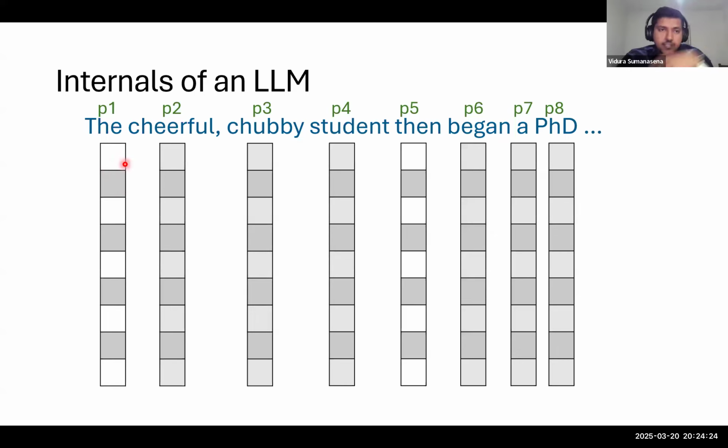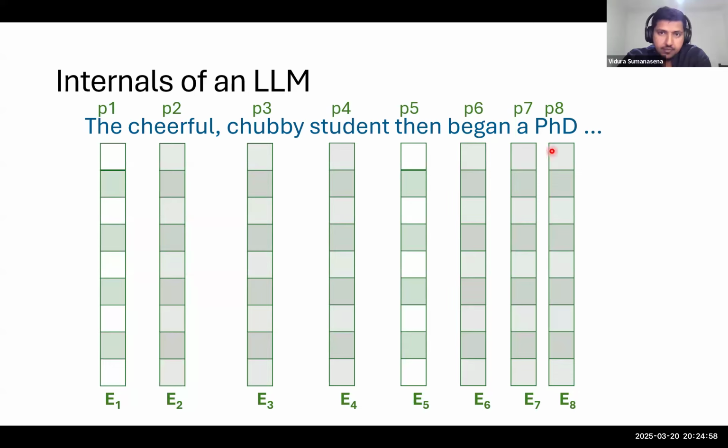Initially, these embeddings are position encoded, meaning this word appears first, second, third, fourth, and fifth. Now we will have 8 position-encoded vectors for the words in our sentence. Let's call them E1, E2, E3, up to E8.